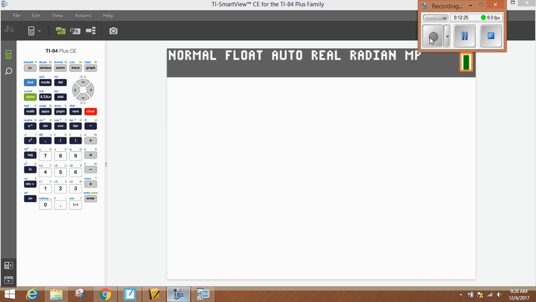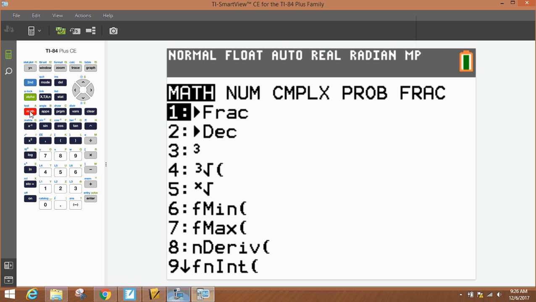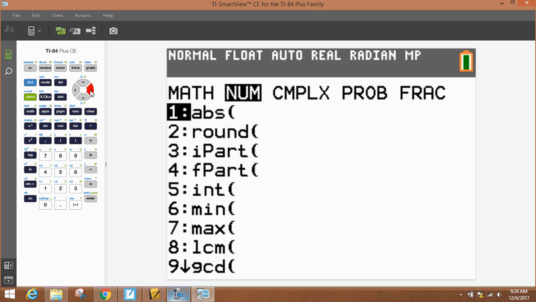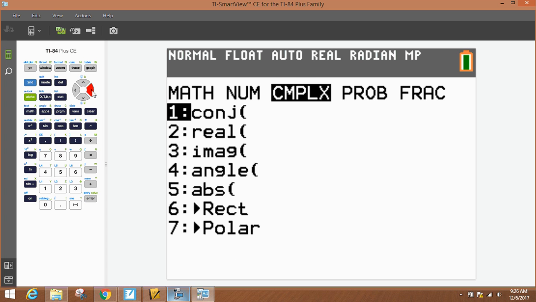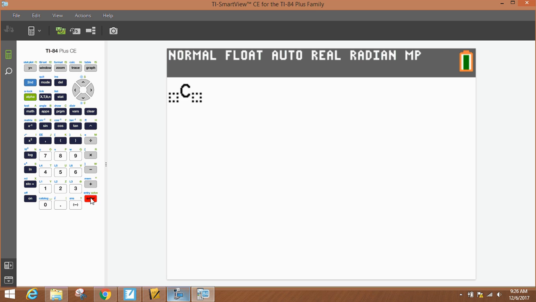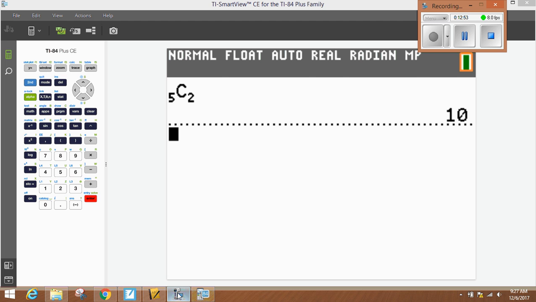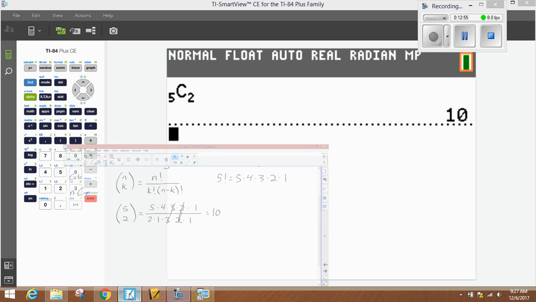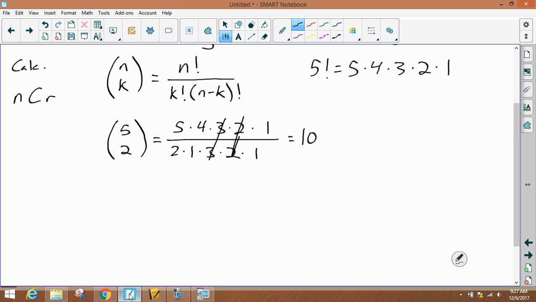You will go to Math, and you'll go to Probability, and you'll have your nCr. And then you would put a 5 there, and a 2 there. On an 83, it's going to look like this.